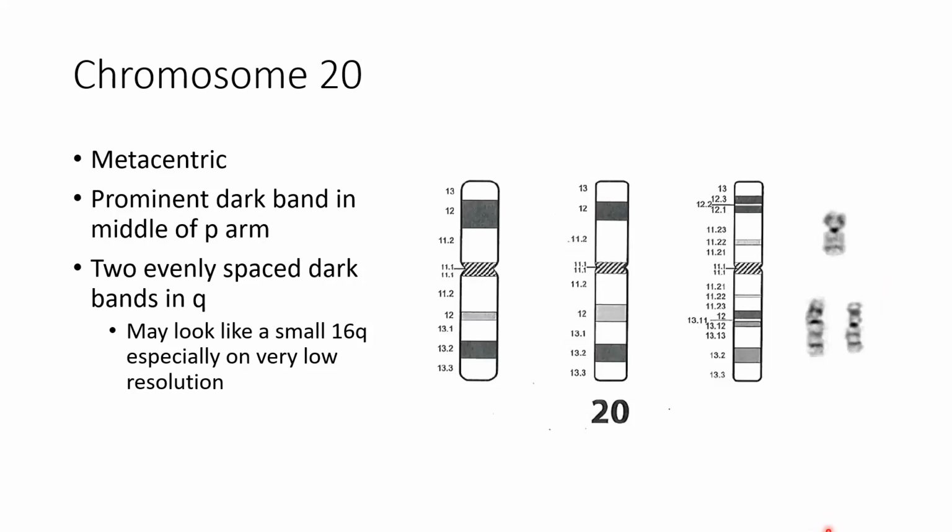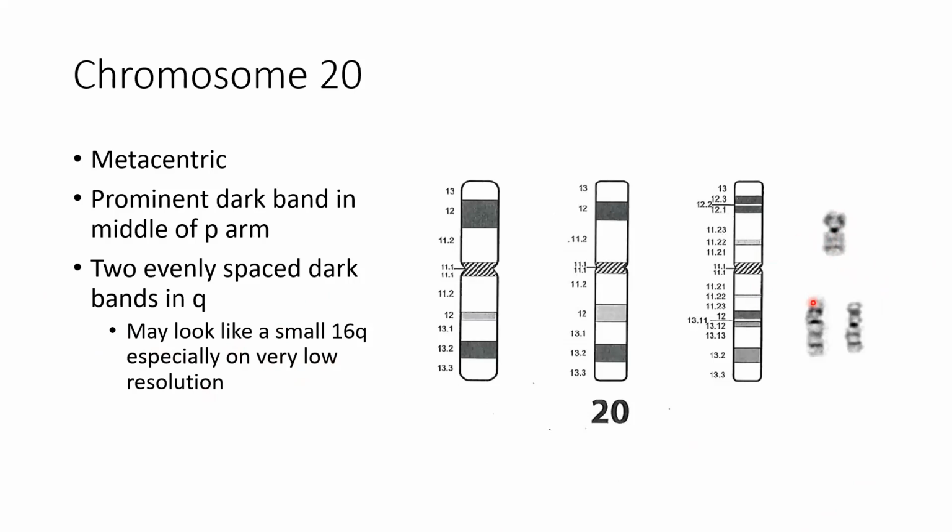And then chromosome 20 is about the same size as 19, but it's got darker bands in it. So the P arm has a darker band and there are 2 dark bands in the Q arm, and they're fairly evenly spaced. Sometimes the 20 can look like a small 16q down here, especially at very low resolution.